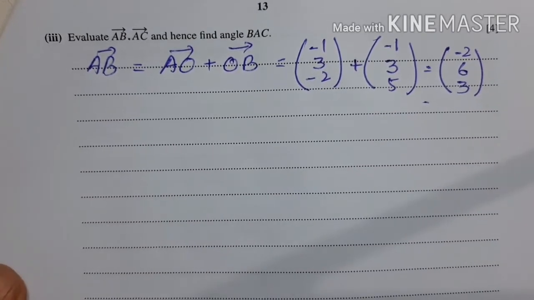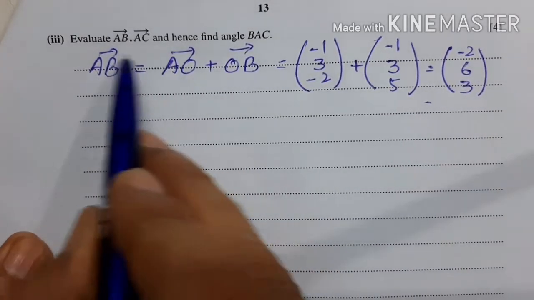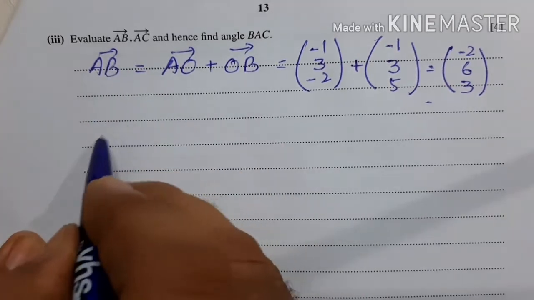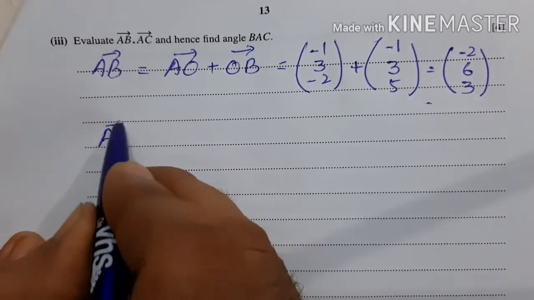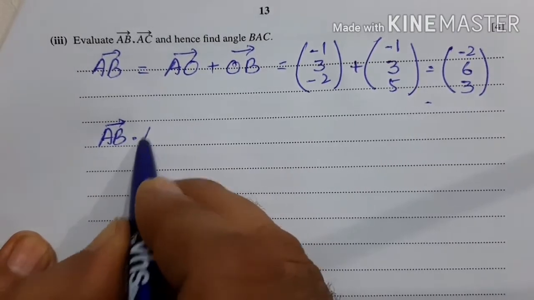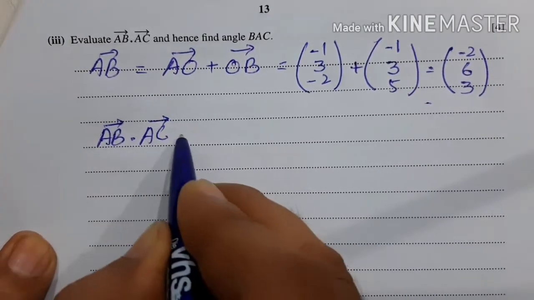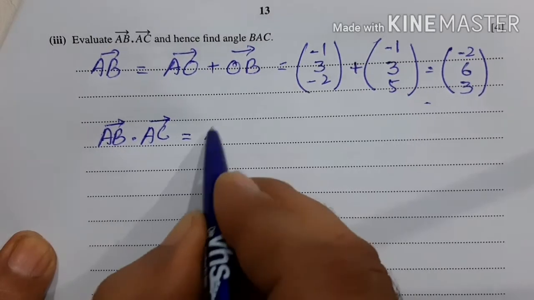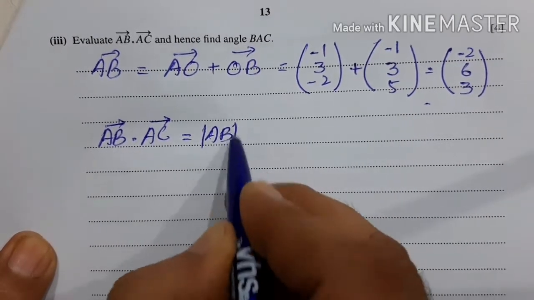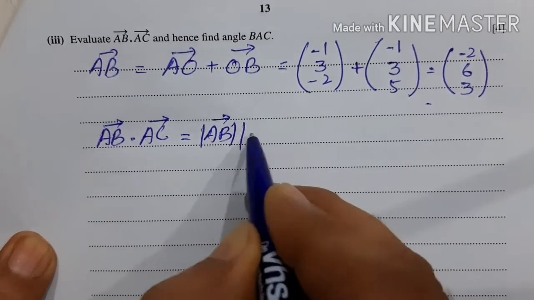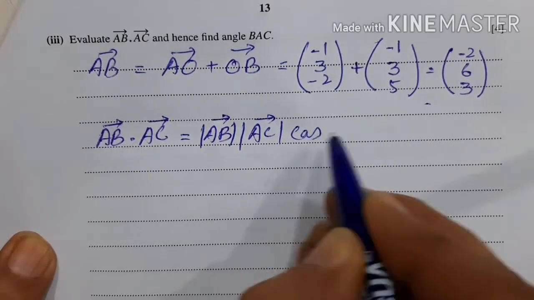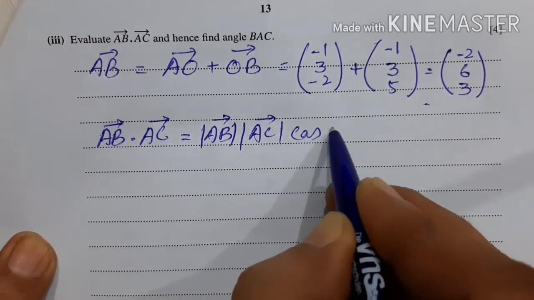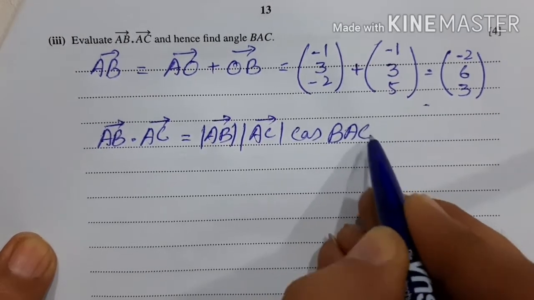Okay, now we know that the dot product of AB and AC is the magnitude of AB, magnitude of AC, cos of the angle between them.